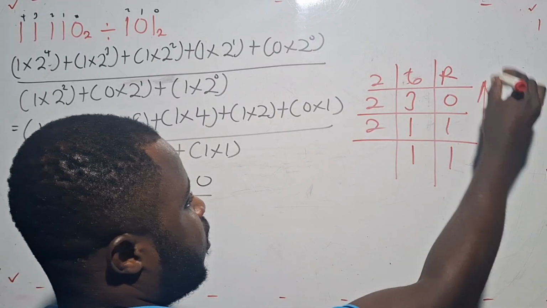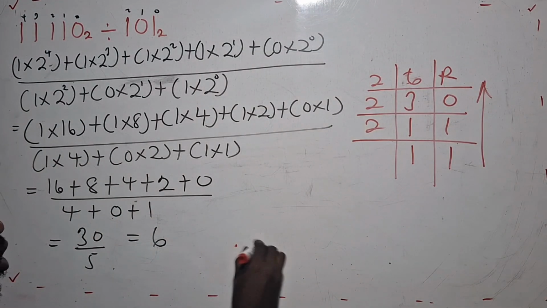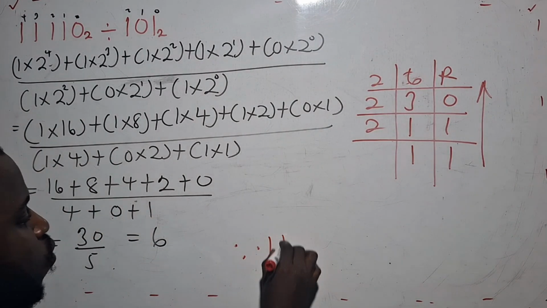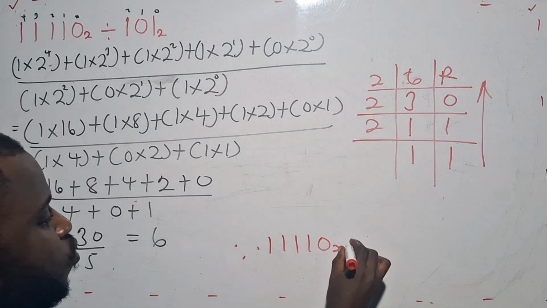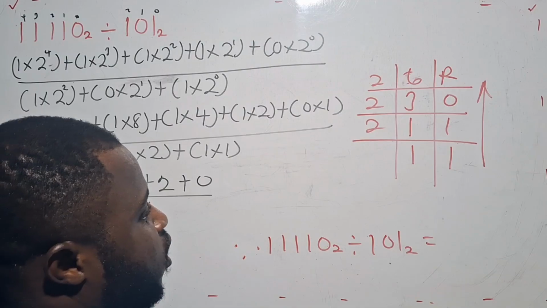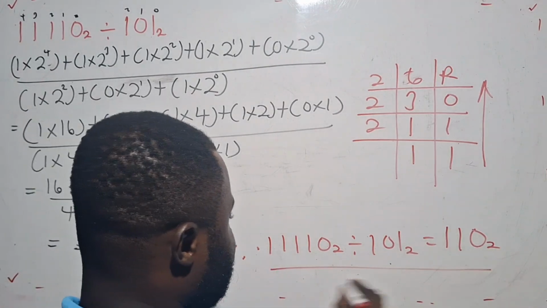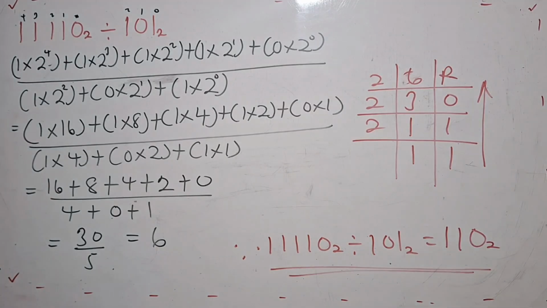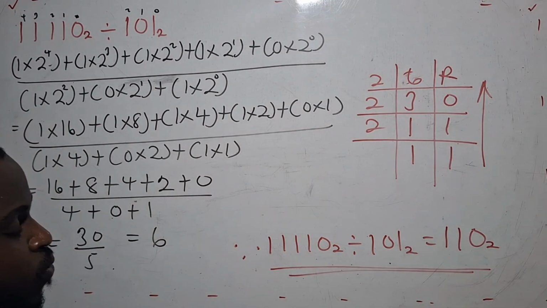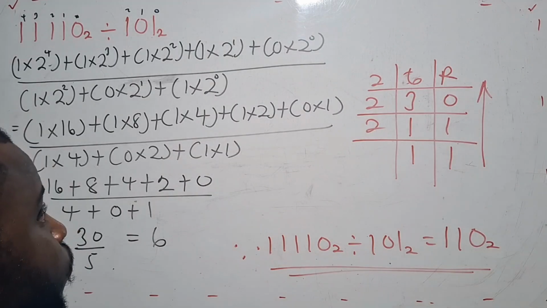Then you pick the answers from top to down. So 11110 base 2 divided by 101 base 2 will give us 110 base 2. You can see that even in our final answer, we didn't get 2 in the base. This is what shows that we are on track.